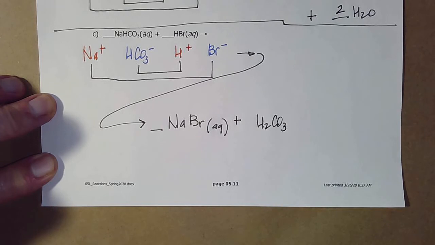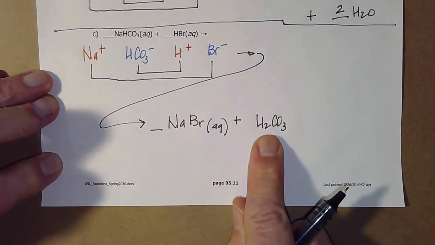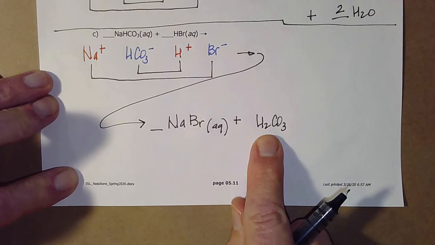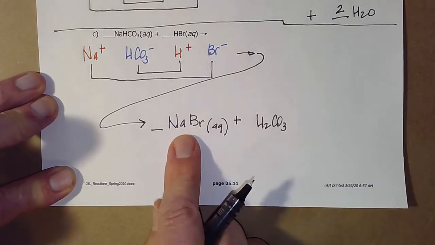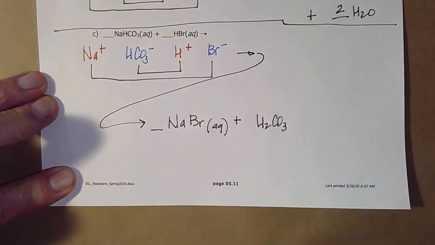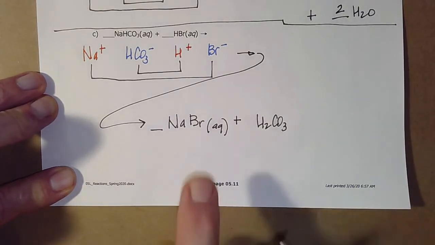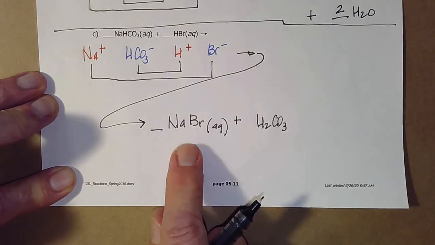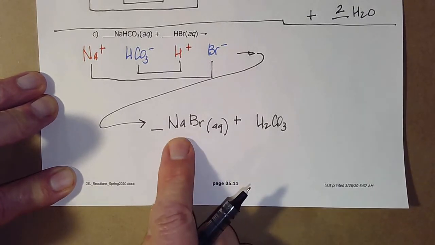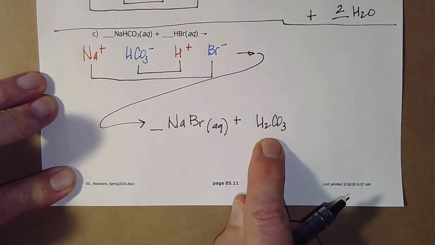That's what I've got. Now it turns out this decomposes. What's the other thing we expect from an acid-base neutralization reaction? Well, we expect an ionic compound, and we expect water.